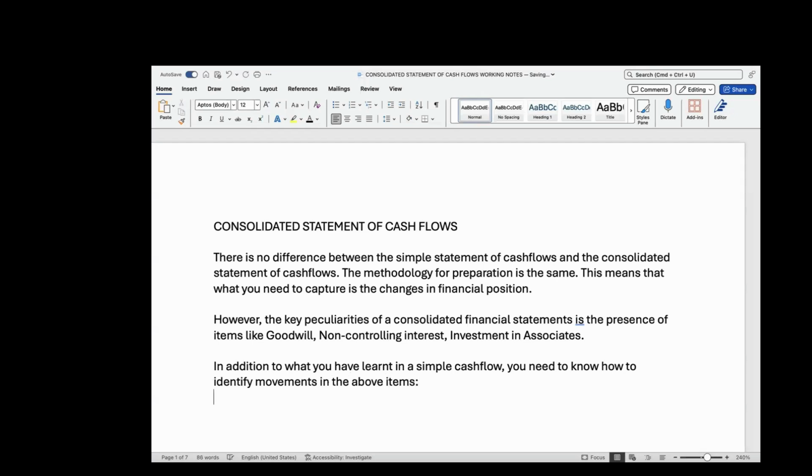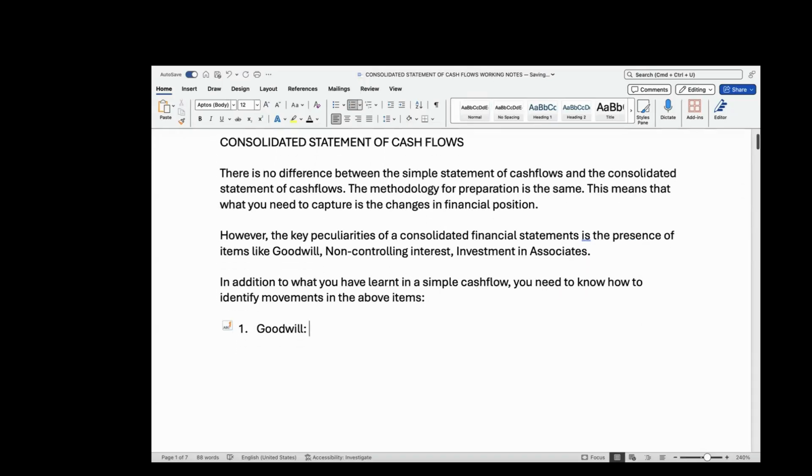So the first one is goodwill. How do you identify movements in goodwill? The movement within goodwill will be the payment. Let me not call it the payment.